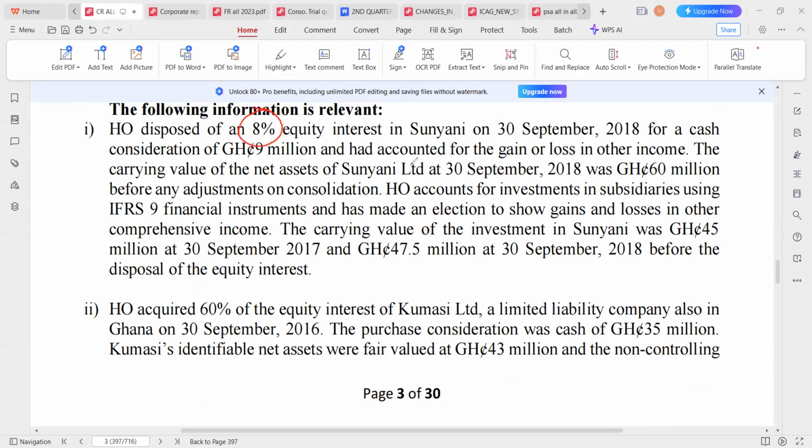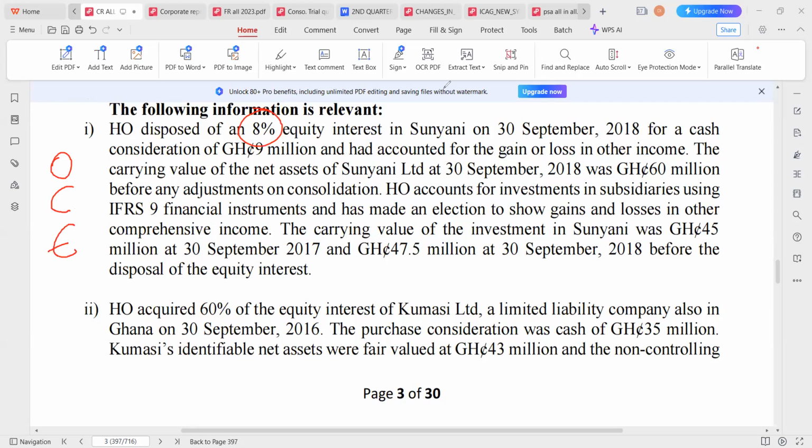They still maintain control. In that case, we call it a transaction between equity holders. So the profit or loss will not hit P&L. Take notice. Profit or loss never hits P&L. It's what you call OCE.